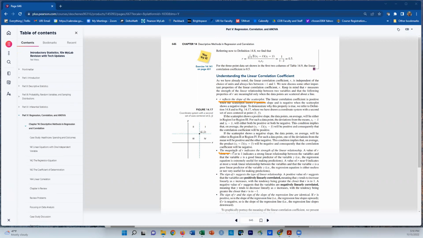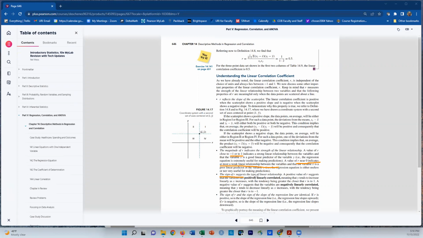The magnitude of R indicates the strength of the linear relationship, and it's from -1 to 1. An R value near 0 indicates at most a weak linear relationship. Usually it's considered, if it's close to 0 or 0, there is none.